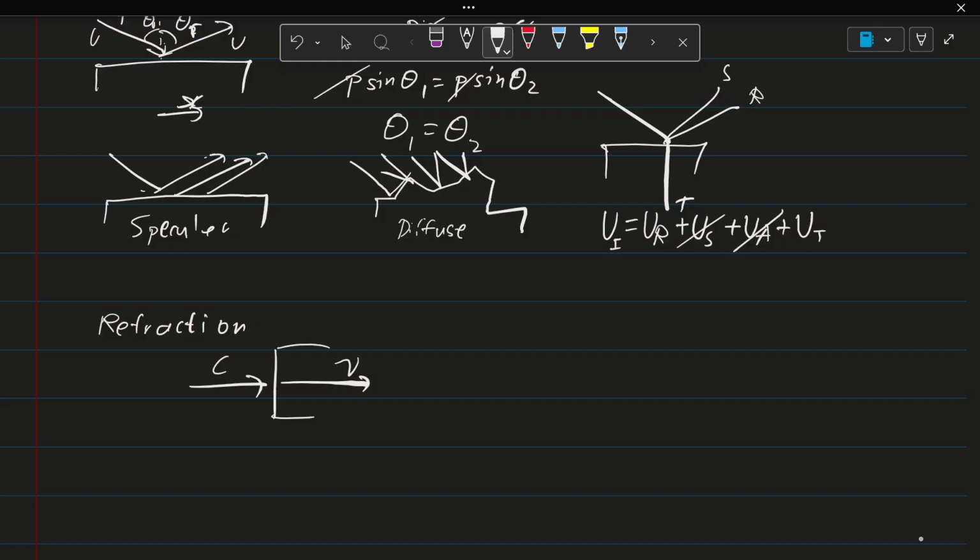Maybe the divergence of E and B won't really make anything useful, but the curl will actually make things interesting. So this is the curl of E equals negative partial B vector over partial t, and the curl of B vector is going to be μ0 ε0 partial E vector over partial t.